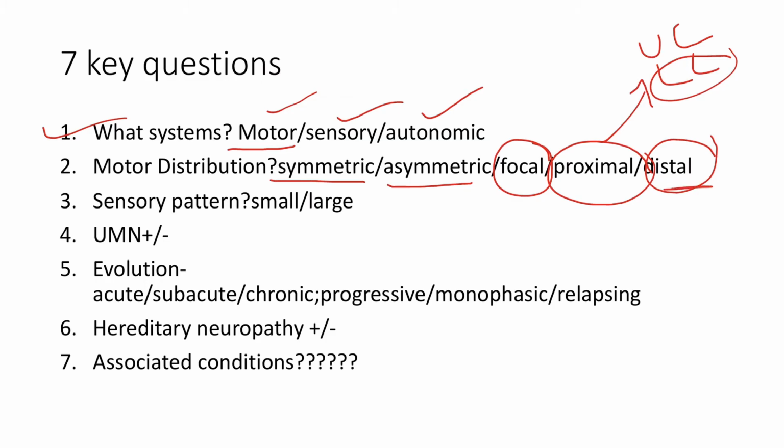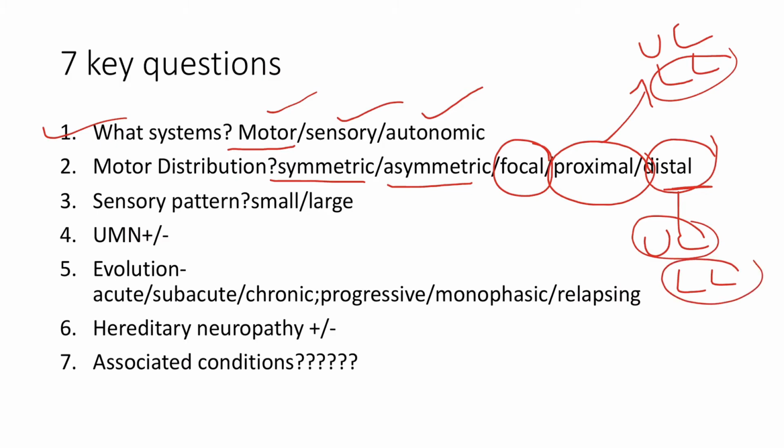And if you look at the distal muscles, again you divide into upper limb and lower limb. In the upper limb, you ask whether there is difficulty in buttoning and unbuttoning shirts, whether there is difficulty in turning the key in the lock and opening door knobs. That will be the usual complaint of these patients in distal weakness.